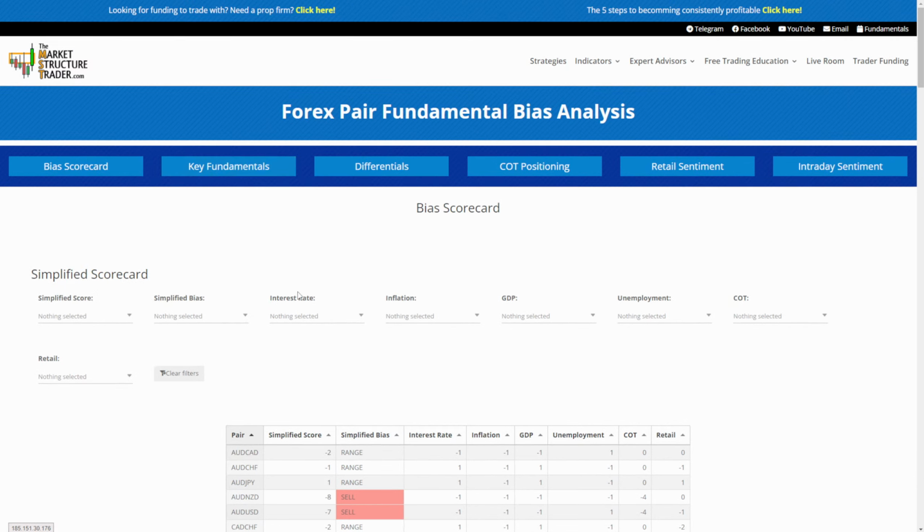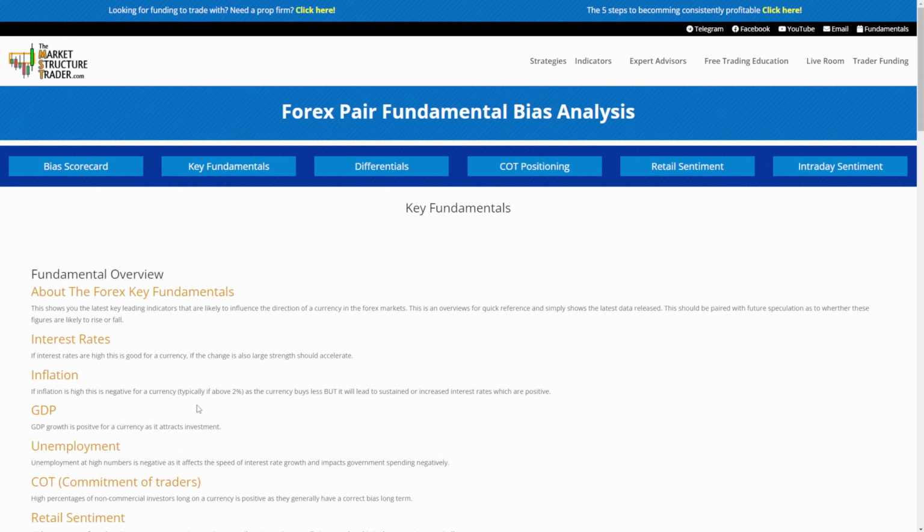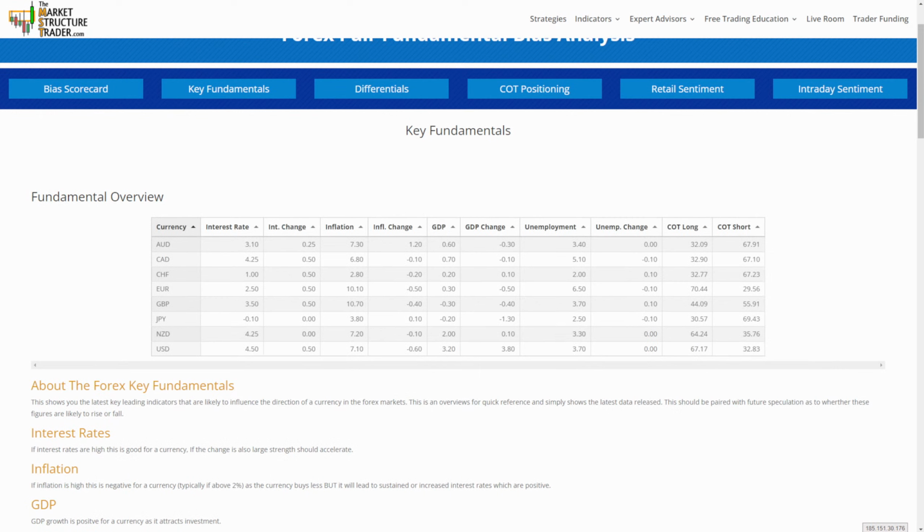So again, coming back to looking at the key fundamentals, the euro inflation is the second highest in the world at the moment, which means that they need to really get their interest rates up to get on top of inflation. So if you look at where we are with the euro, we're sitting at 10.1, just behind the UK, and look at how far behind the euro is with interest rates compared to the rest of the world. Yeah, lagging massively.